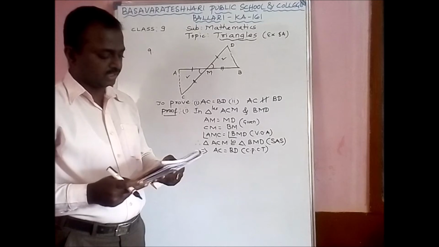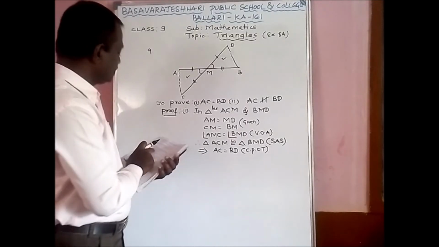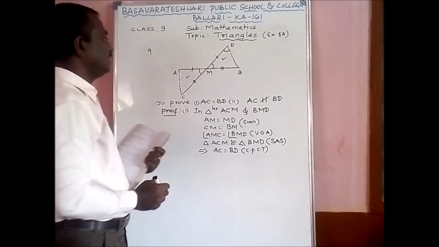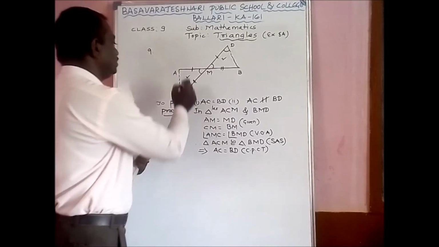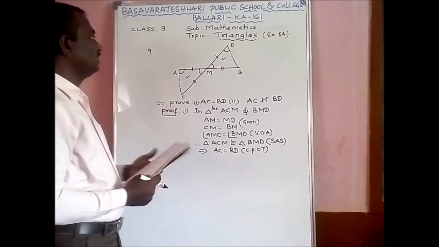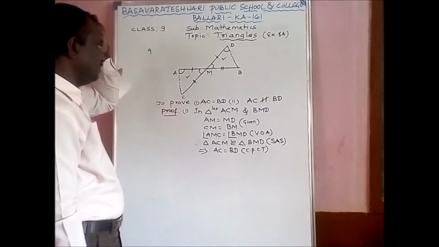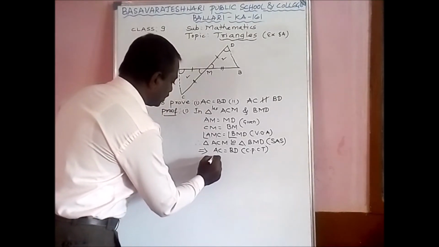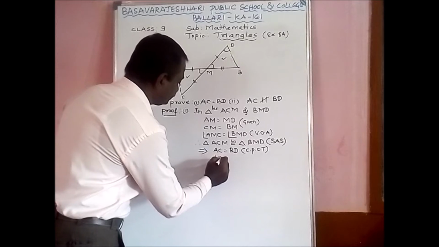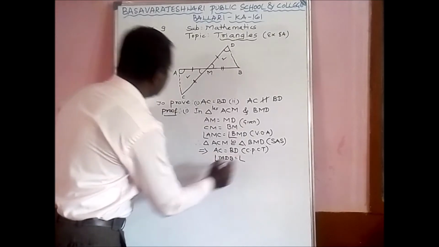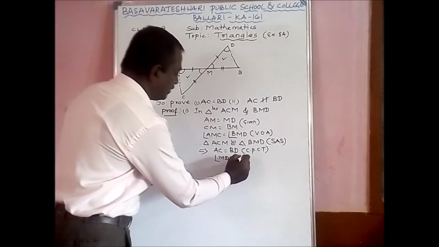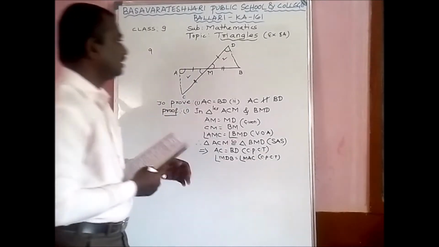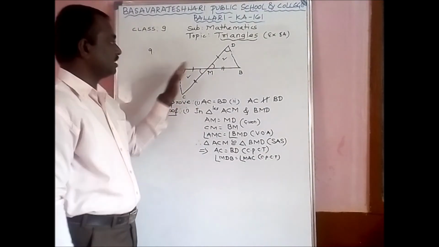So what do you observe here? Since the triangles are congruent, we can say angle MDB is equal to angle MAC, because they are the same size. This is also by CPCT. Angle MDB is equal to angle MAC. But they are not alternate angles.